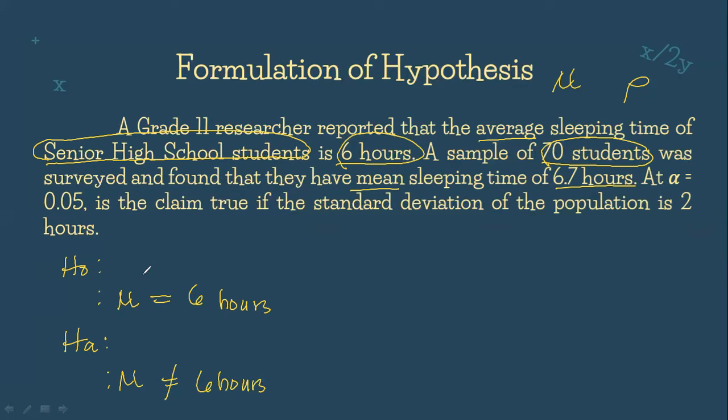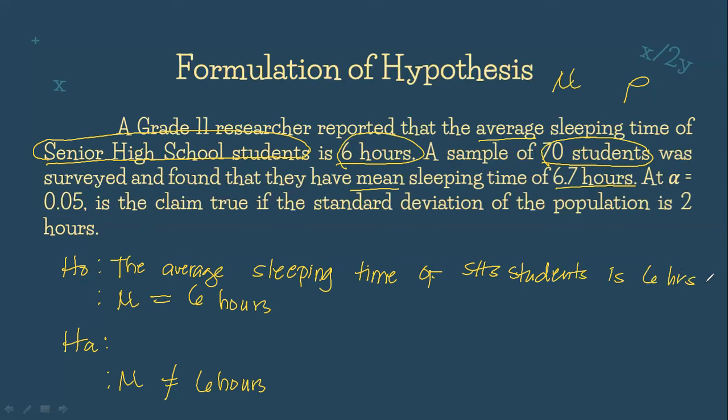Ngayon po, my dear students, pwede na natin siyang gawin into worded form. So we have here, since mu po is the average, kaya pwede natin siyang sabihin na the average sleeping time of senior high school students is 6 hours.